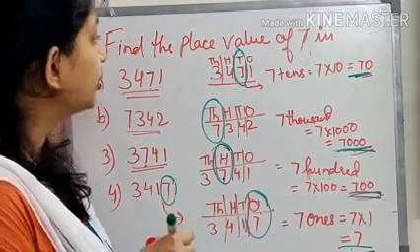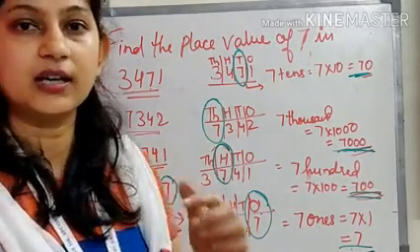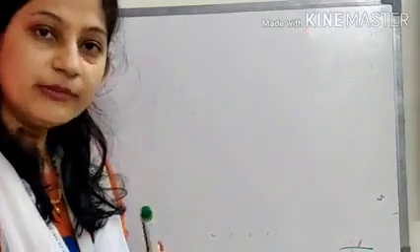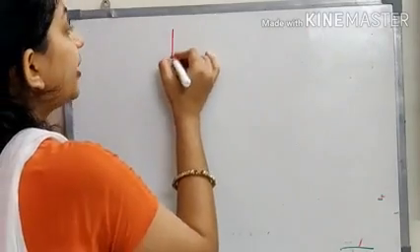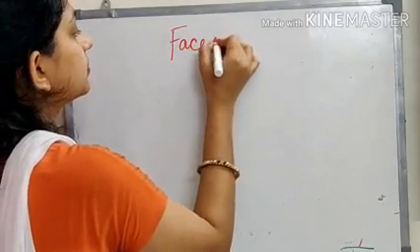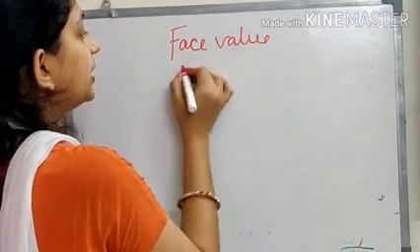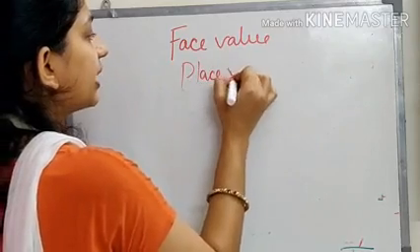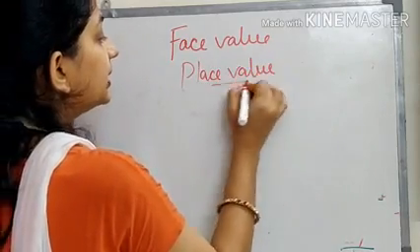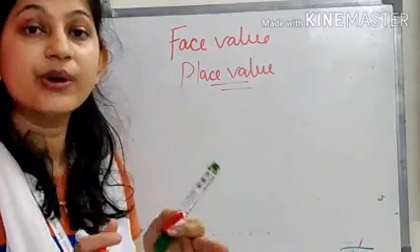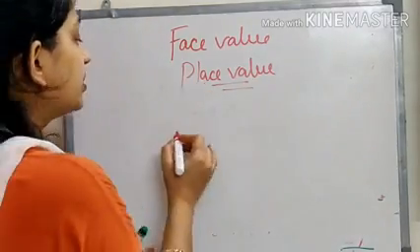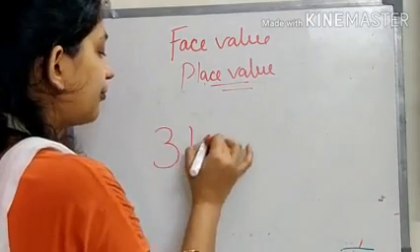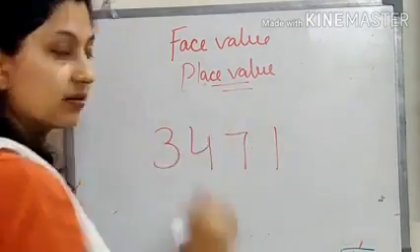One more thing I would like to share with you. One more term that is not given in your book is face value. The place value is where the digit is sitting, where it is placed. And what is face value? See this number, 3471.